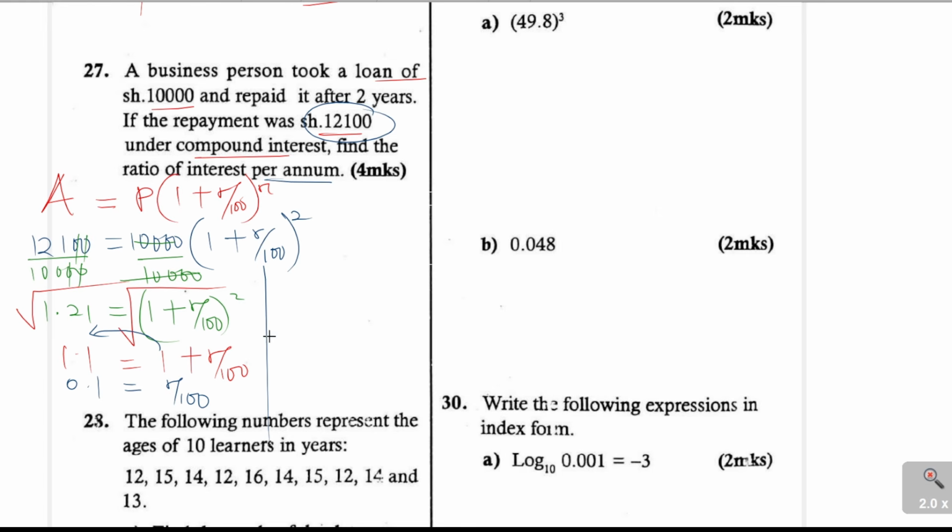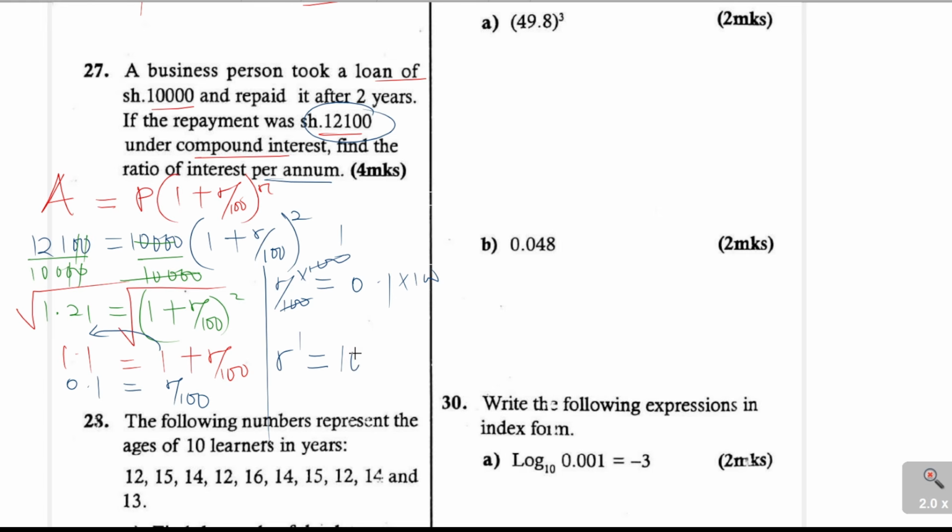So now we have R over 100 is equal to 0.1. You want to get R, so multiply both sides by 100 so that you can remain with R. So R is equal to 0.1 times 100.